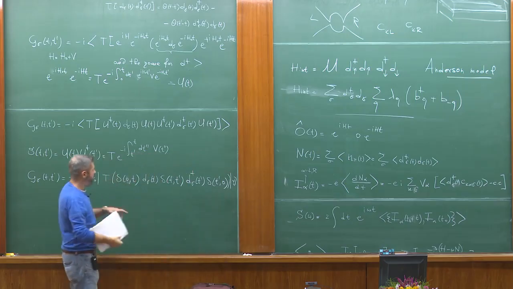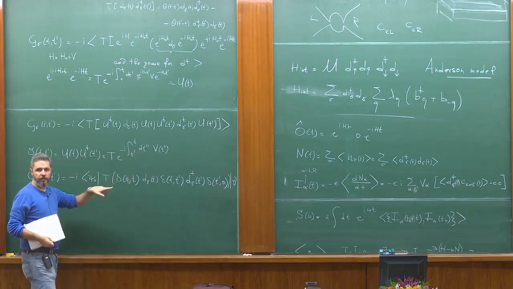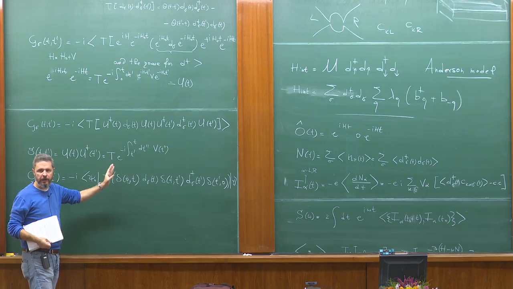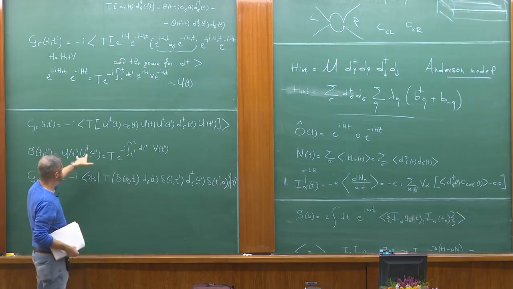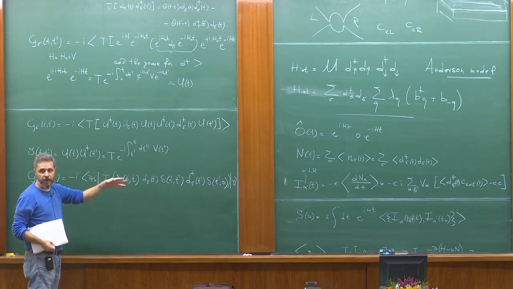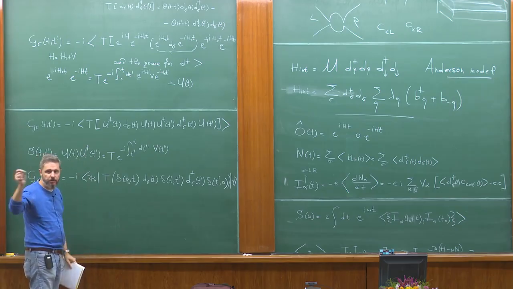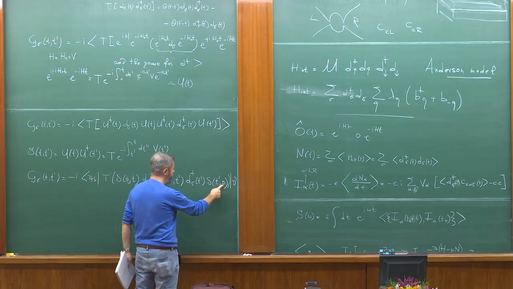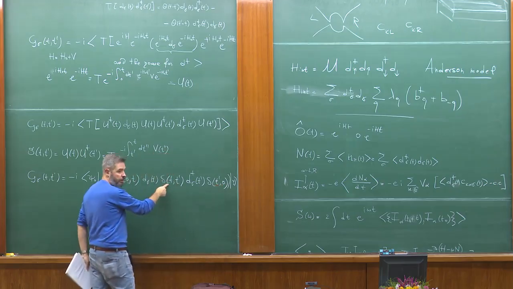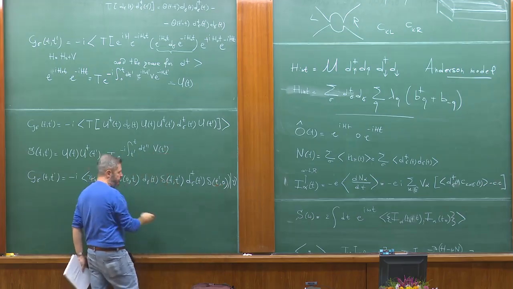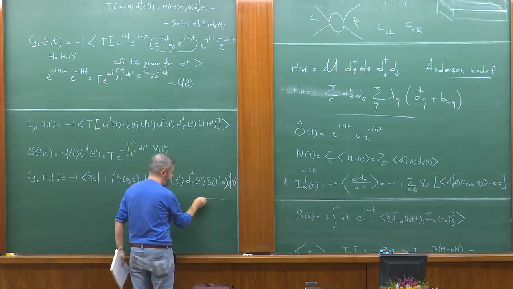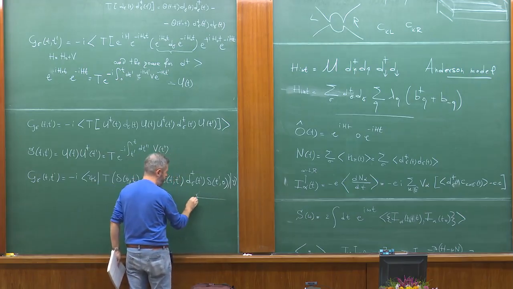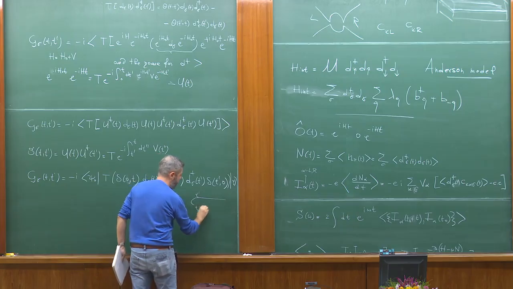Okay, so look at the structure that comes out of this stupid manipulation. I introduced this S matrix for my interaction representation, and I just look at the time labels. You see that here the time is going from 0 to t prime, from t prime to t, from t to 0. So it's doing something like this: 0 to t prime to t, and then back to 0.